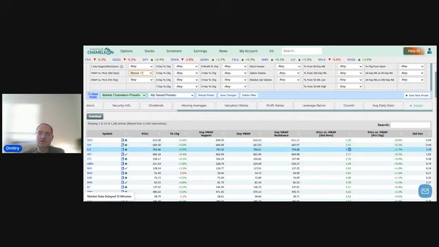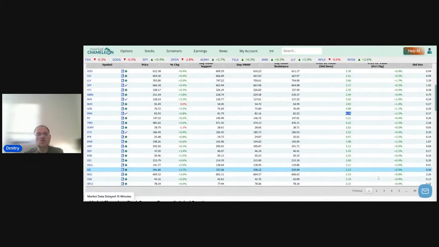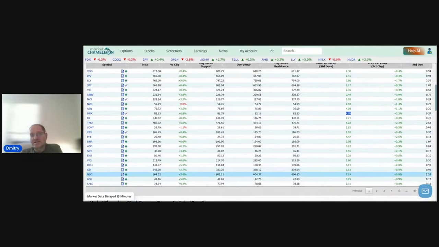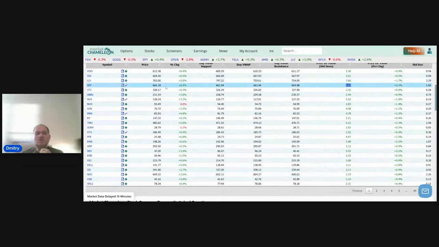Okay, so now we have this list, here's 4 standard deviations and so forth, that allows us to track these stocks that are displaying a bullish kind of trend or drift away. All right. SPY, for example, more than 2 standard deviations by the end of the day from its day's VWAP.